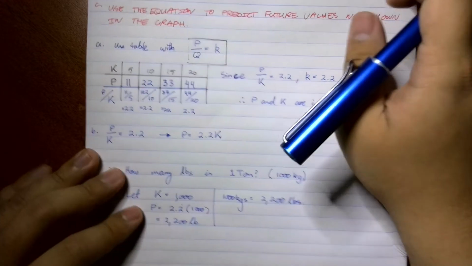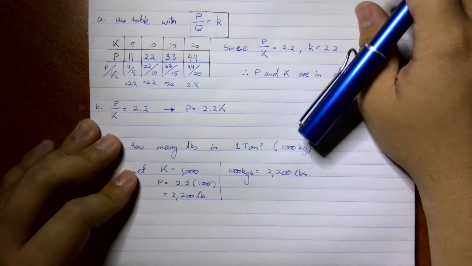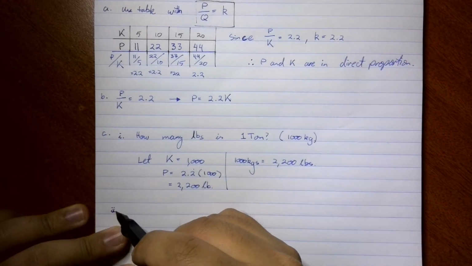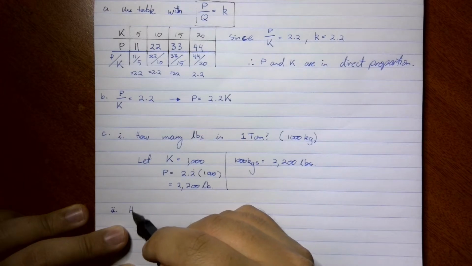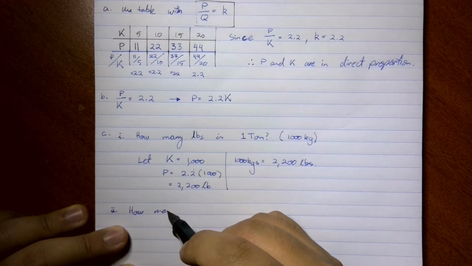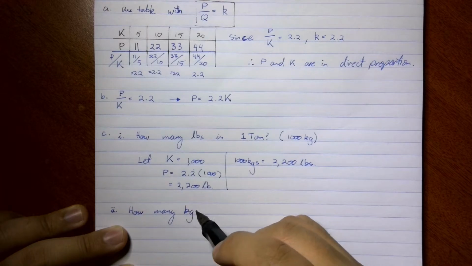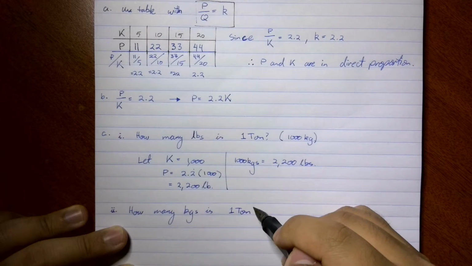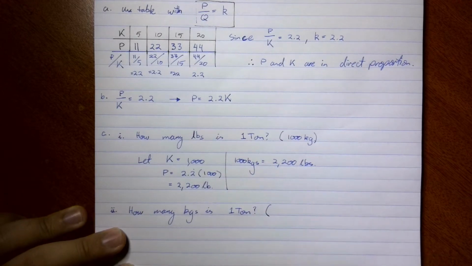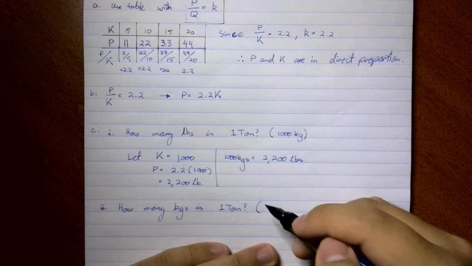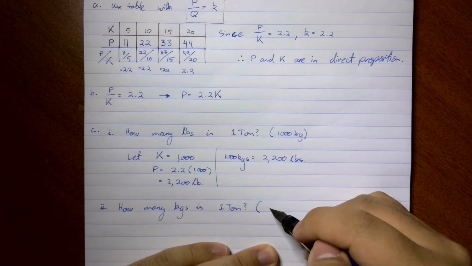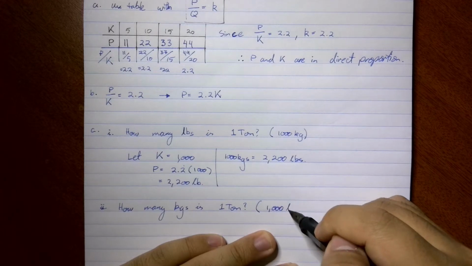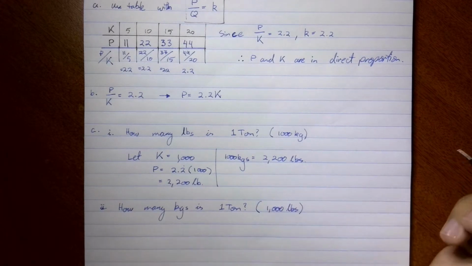However, in imperial units, they also use the value of a ton. So we can ask, how many kilograms is 1 ton? They use the same word, ton, but this time it's 1,000 pounds.